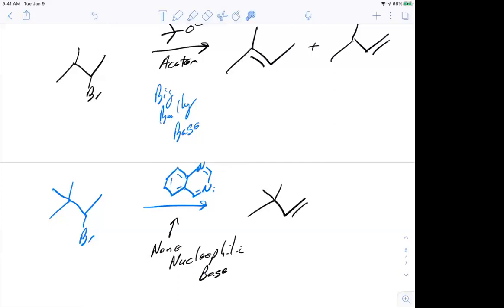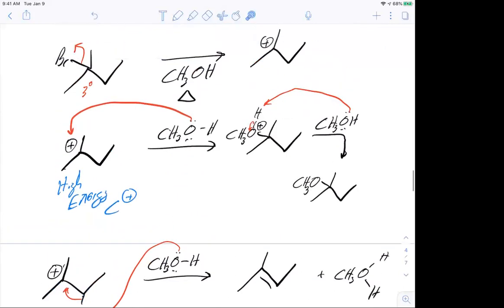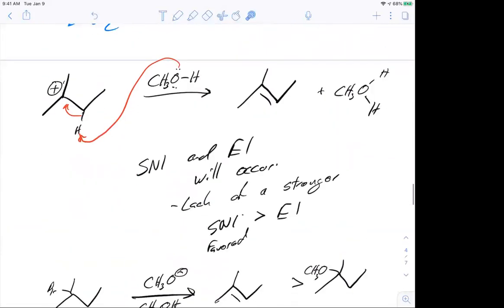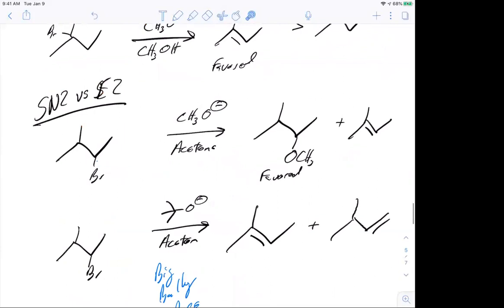Okay, so if we have a substrate that forms a carbocation, we're always going to have competition between SN1 and E1. If you can form a carbocation, that's a high energy species, you always have competition between SN1 and E1. If you can't form a carbocation and you use strong, good nucleophile slash bases, then you're going to get SN2.